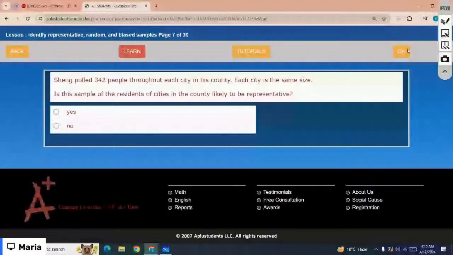Sheng polled 342 people from each city in his country. Each city is the same size. Is the sample of the residents of the country likely to be representative?